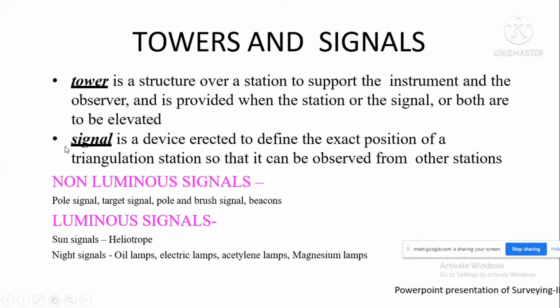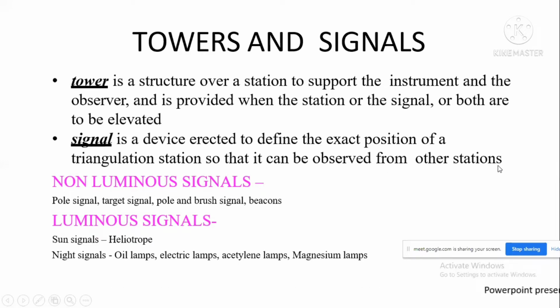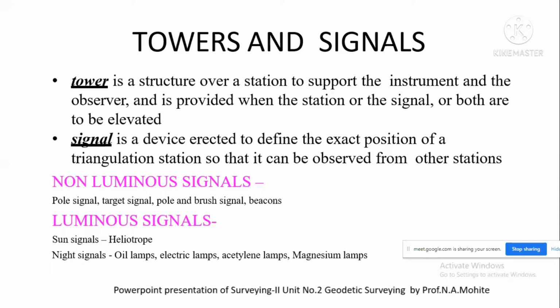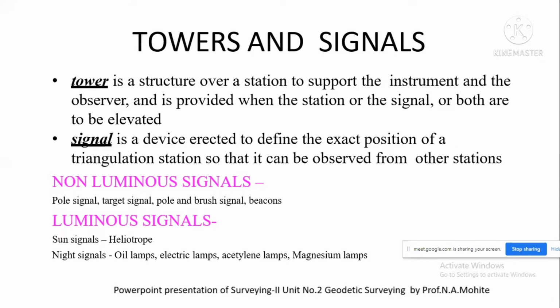And a signal, as I told you, is a device erected to define the exact position of a triangulation station so that it can be observed from other stations. As the distance is large, in terms of kilometers, in order to get the exact position of that station point, various signals have been provided.